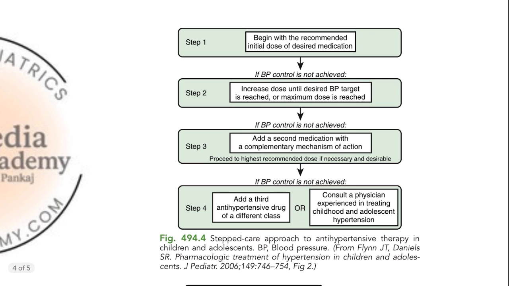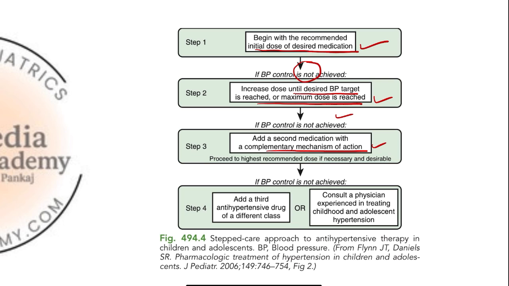Antihypertensive therapy, the systematic approach, this is generally asked. So begin with the recommended initial dose of the desired medication. If BP control is not achieved, you have to increase the dose until the desired BP target is reached or the maximal dose is reached. If BP control is still not achieved, add a second medicine with a complementary mechanism of action.